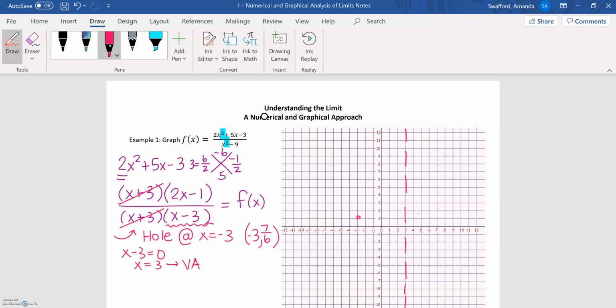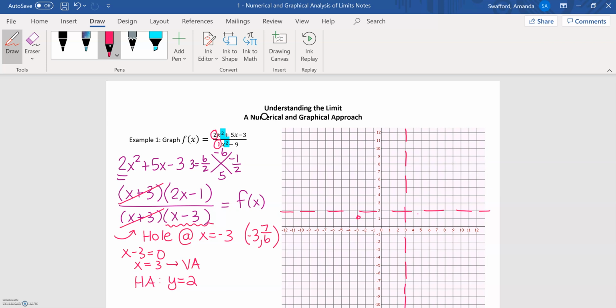Since these two degrees are the same, we use the ratio of the leading coefficients. So we have a 2, and the leading coefficient here is a 1. So that tells me that the horizontal asymptote occurs at y equals 2 over 1, or 2. So I'm going to draw my horizontal asymptote at 2.